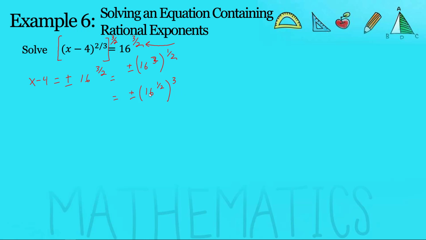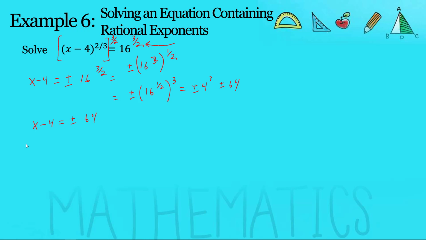I'm going to do it this way because I know what the square root of 16 is. That's just simply 4. So this would be plus or minus 4 cubed. And I also know what 4 cubed is. That happens to be 64. Plus or minus 64. So this equation reduces to x minus 4 is equal to plus or minus 64.